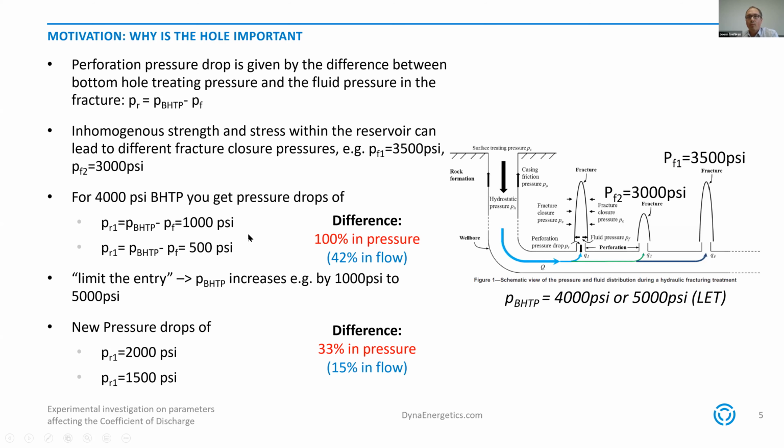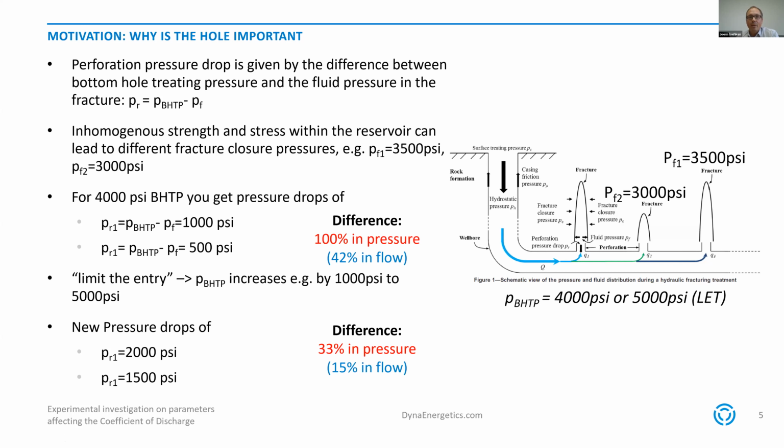What that means is a 100% difference in pressure between the 2 perforations and the 2 fractures. And actually it also means that you have a 42% difference in flow into your fractures. So the volume of fluid which goes into one fracture is 40% higher than in the other fracture.